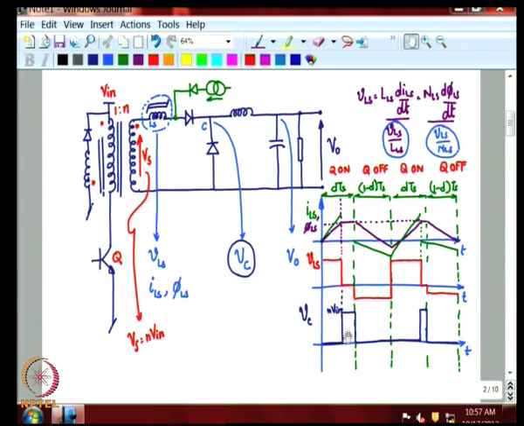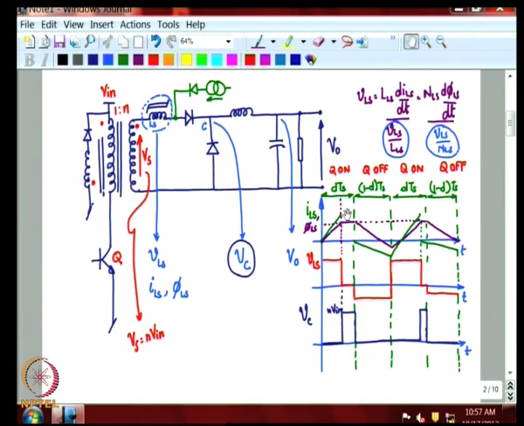So, this is some kind of pulse width modulation which is happening locally by means of injecting different current rates during the off time of Q. This is the essential principle. Now, what is happening to ILS current during these times?